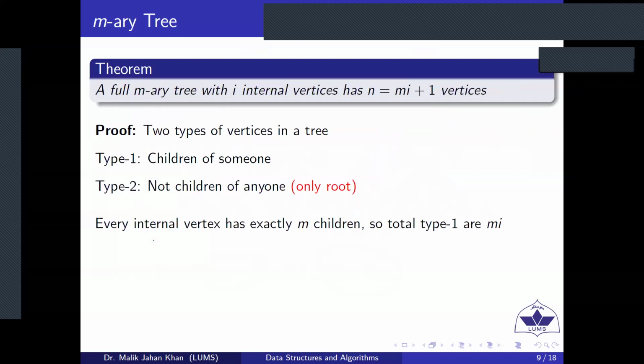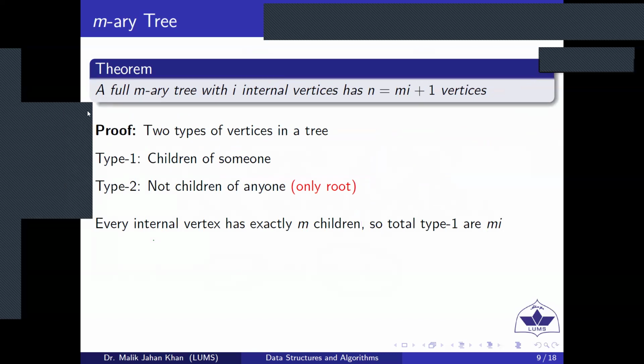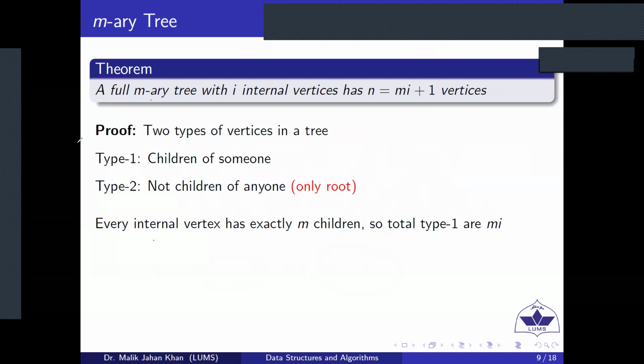Now, one particular characteristic which we wanted to look at is for the full m-ary tree. Full m-ary trees are trees where every internal vertex has exactly m child nodes.